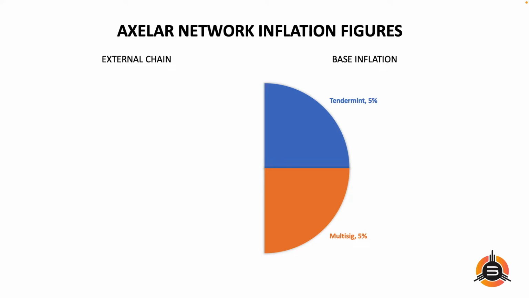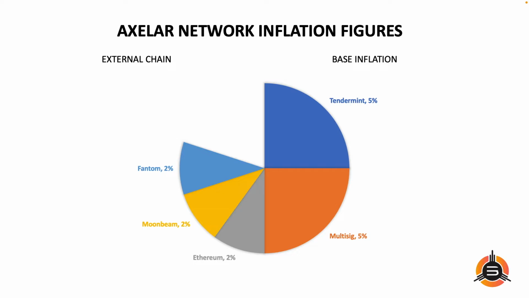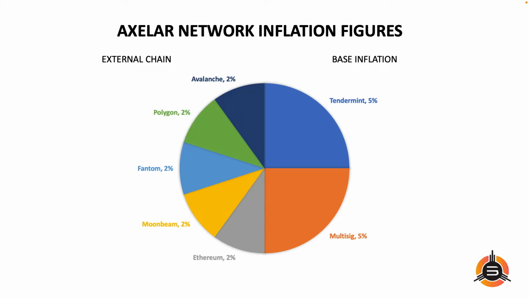These two form the core inflation for Axelar, and the rest is based upon how many chains are going to be supported by Axelar. Currently we have Ethereum, Moonbeam, Phantom, Polygon, and Avalanche. These five external chains are being supported currently.